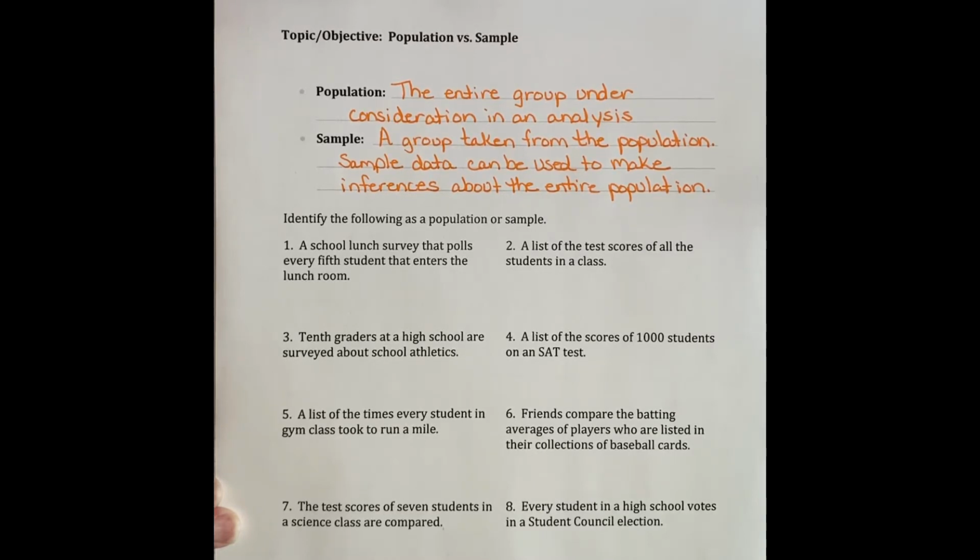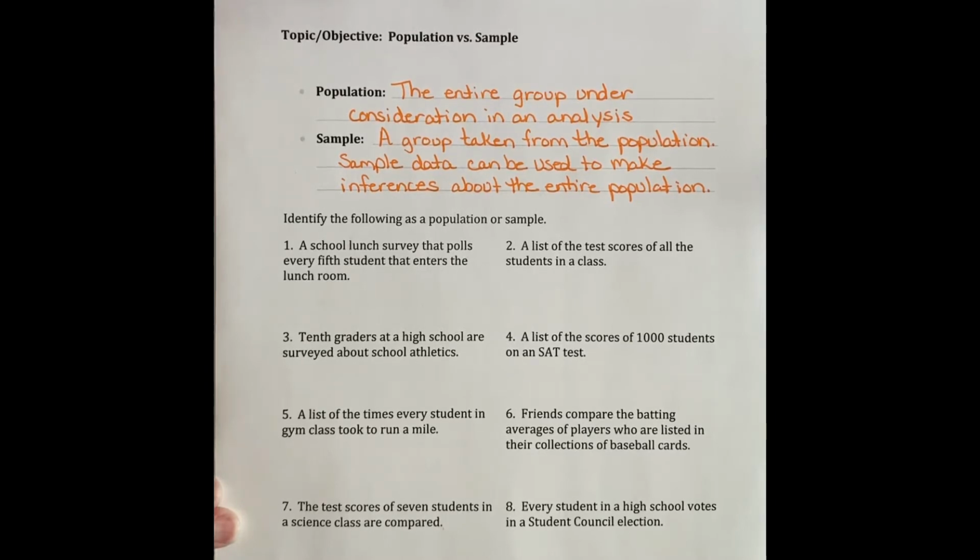Maybe we want to see what the average income is across the United States, but we only poll 1,000 people in each of the 50 states. We could then find the average income from those 1,000 in each of the 50 states and use that to make an inference about the average income across the United States, but it would not be quite as accurate as the data from the census where the entire population is asked that question.